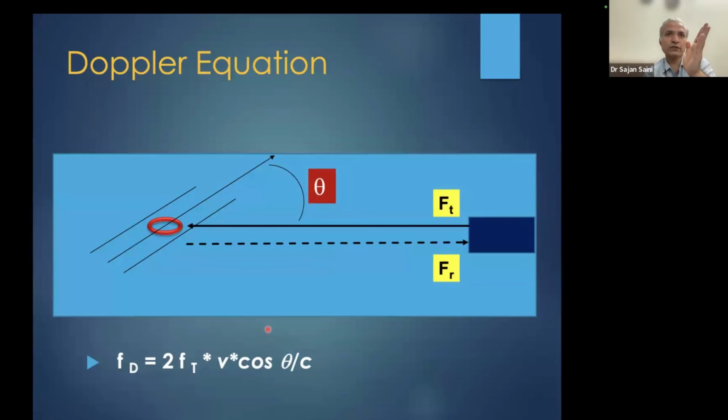So there must be an acceptable limit till which we can increase the angle, and this limit is 20. So the angle between the motion of the blood flow and the ultrasound beam, a 20-degree angle is permissible. If we increase the angle between these two to more than 20 degrees, then all the measurements are going to be erroneous, and the larger the angle, the more erroneous the measurement.